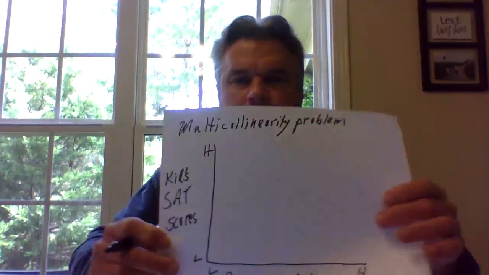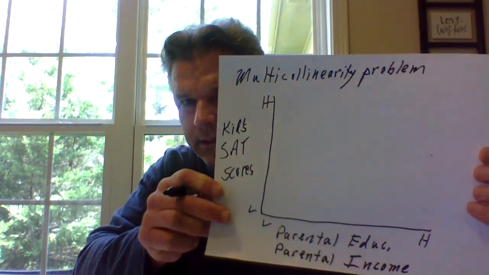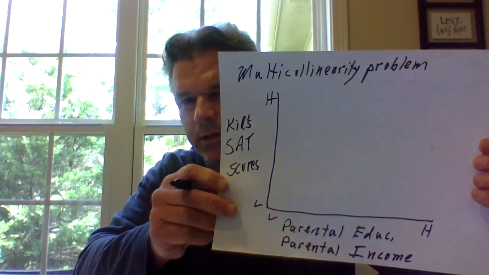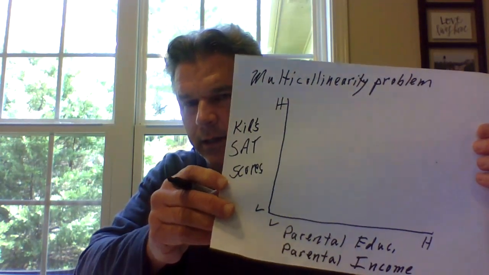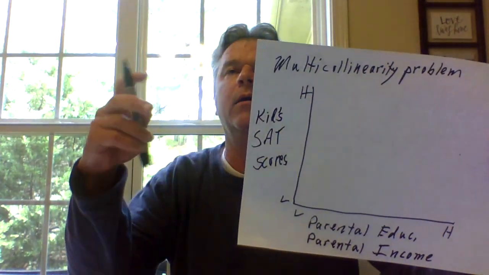So there we are. Let's discuss kids' SAT scores, parental education, parental income. That's what it would look like. Now let's put this down and just think for a moment.